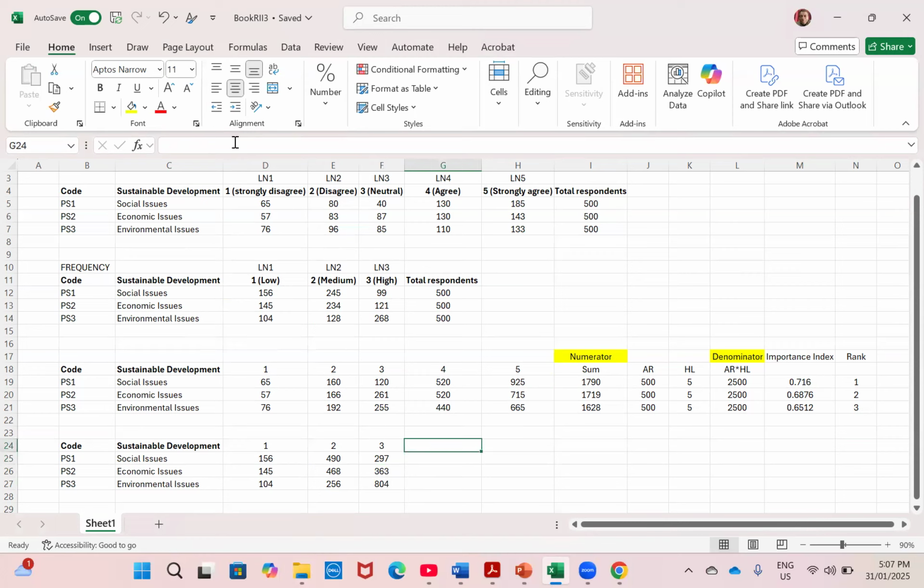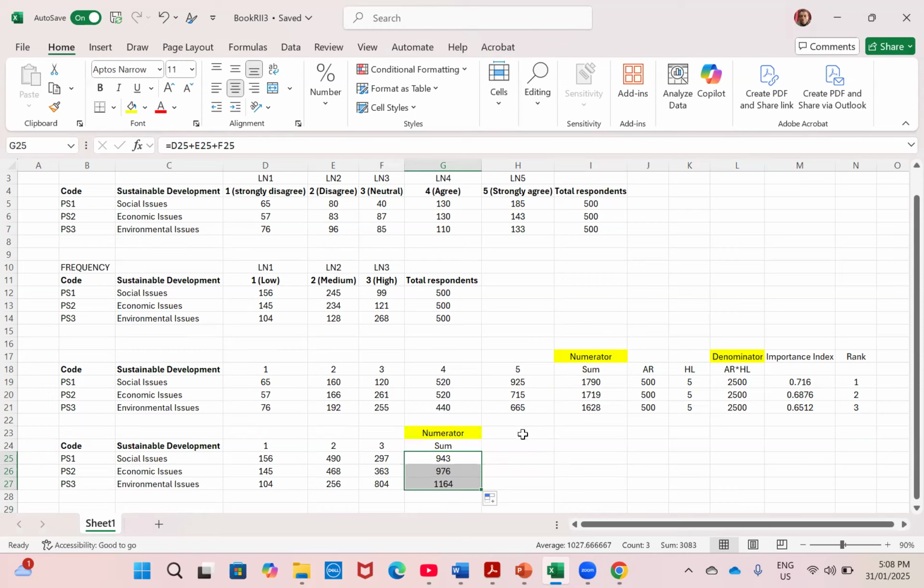Now we get the numerator here, and that is the sum. So how do we get that? All that we have to do is just add them. This plus this plus that. That will give you this. You just drag down and it will give you the total for all of that.